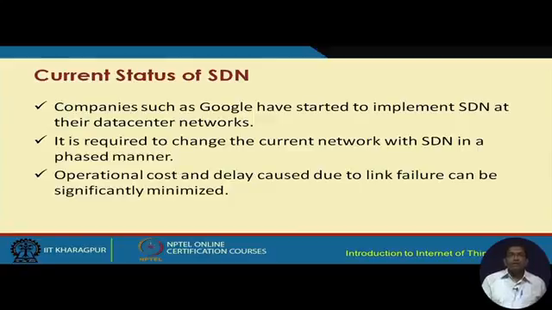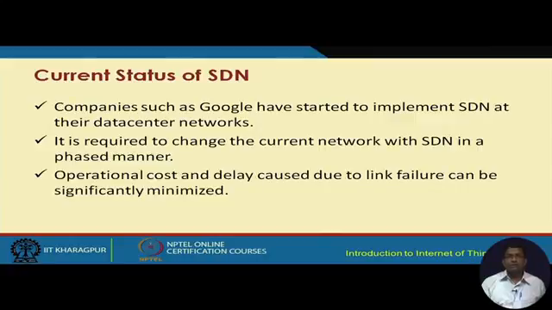Now, on the current status of SDN, big, giant companies who have their own data centers have started to implement SDN in their own data center networks. It is required to change the current network to SDN in a phased manner. It is not like we can simply go and transform the existing switches to support SDN.